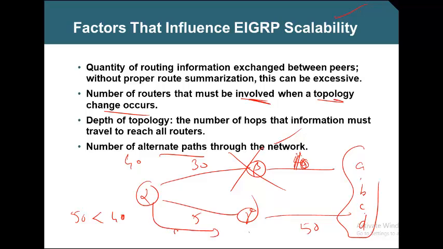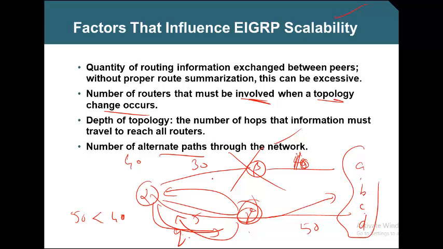These are all the factors that influence the scalability of this EIGRP infrastructure. Let's see how we can improve these things. This is what I just explained to you. EIGRP querying process. Queries are sent when a route is lost and no feasible successor is available.